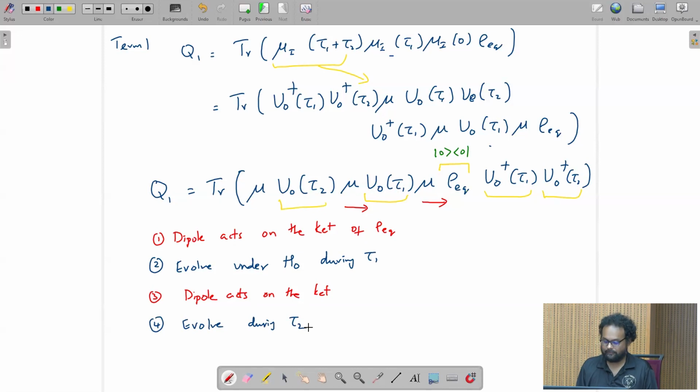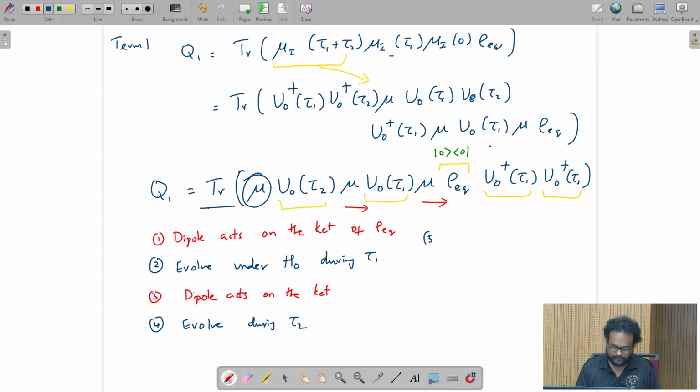Once that is done, you have finished your field interactions. Lastly, you have to measure the polarization, or the field emitted by the polarization. For doing that, you still have to multiply by the matter interaction, because that will tell you the strength of the field which is emitted. So you multiply by the dipole moment operator and trace it out.